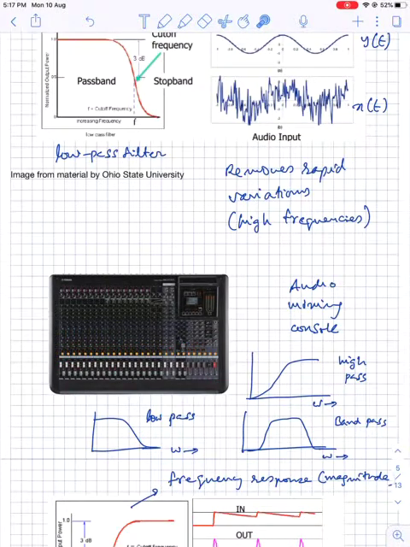By varying these controls, the music director or the sound engineer can get different characteristics to the final recorded sound.